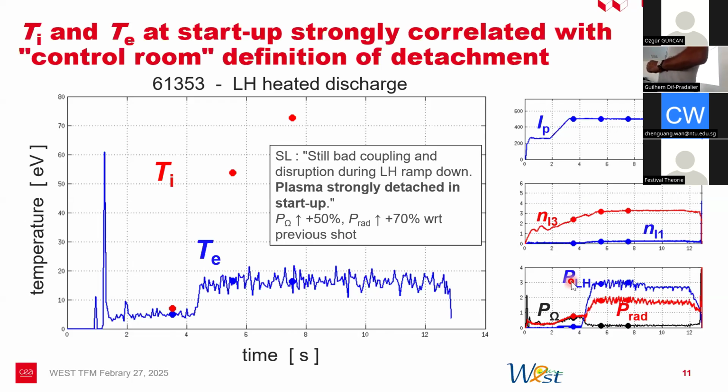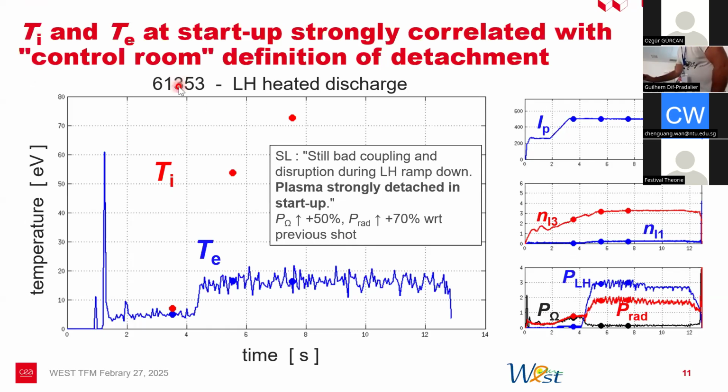If we're below 1 or 2 kiloelectron volts, then the plasma is prone to MHD instabilities, and we can't get the temperature very high. And you see that on the probe data, on both probes.